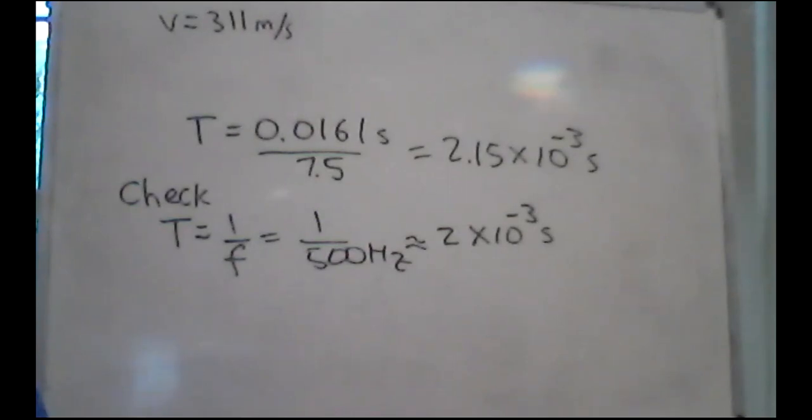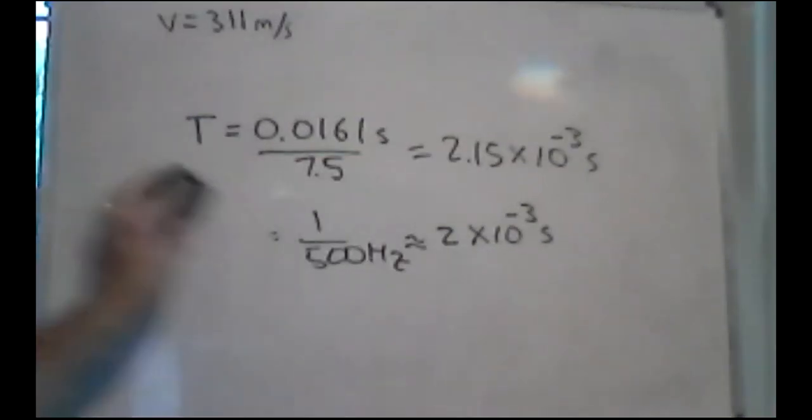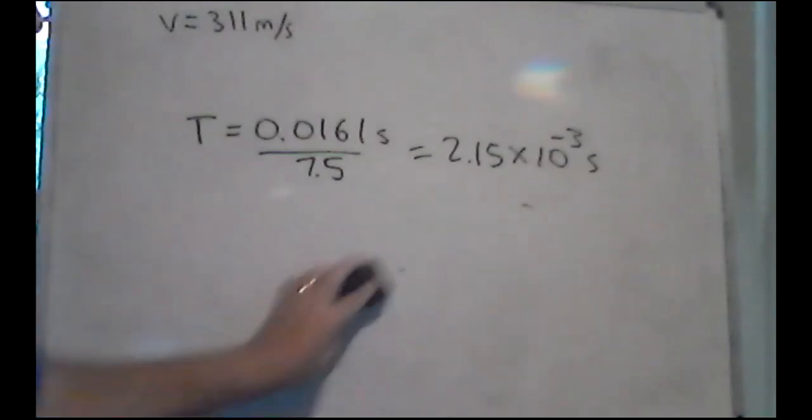Describe how you would find the frequency of a wave if the frequency slider did not have the number displayed. Well, real simple. Let's say I didn't see that frequency value on the slider. I had no idea. But I did know this.